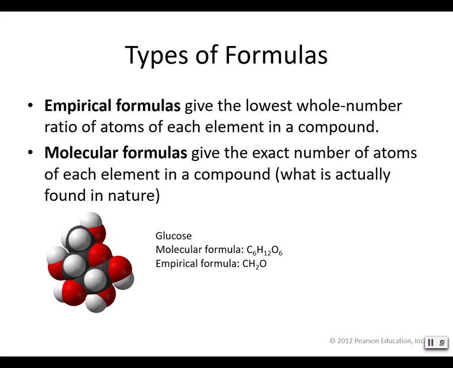So take-home point from this slide: the empirical formula is the simplest whole number ratio of atoms in a compound, which is different than the molecular formula, the exact number of atoms that are actually found in nature in a particular compound.